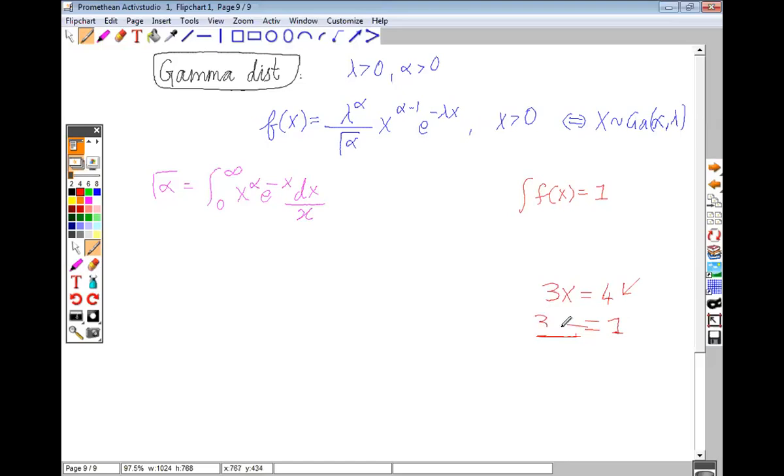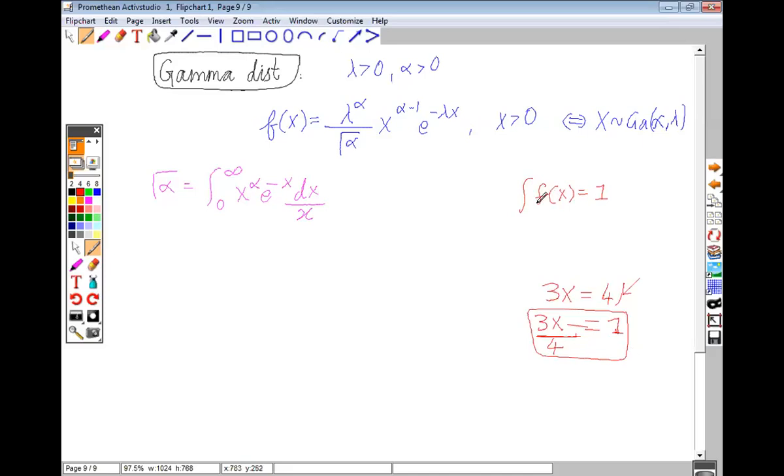So what I will have here is 3x upon 4, and here I will have 4 upon 4, which is just 1. Whatever was on the RHS, I divided both sides by that number, which keeps the equation equal. So now I have 3x upon 4 is 1.